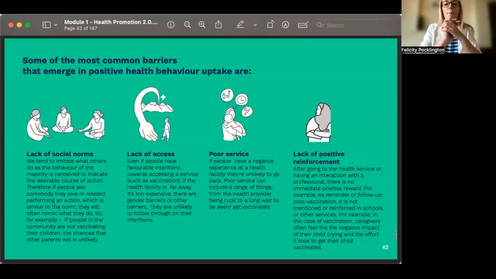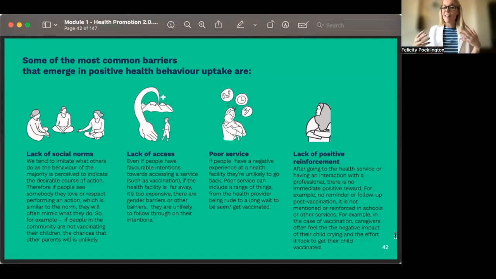So some things to remember. Some of the most common barriers that may emerge in positive health behavior uptake. So for instance, going back to our original example of vaccination, it could be many other behaviors that we're looking at. First one we see a lot of the time, and you'll all probably be very familiar with this term, is lack of social norms.